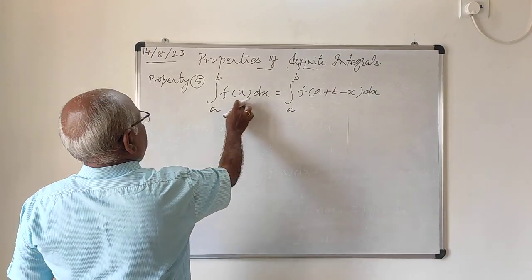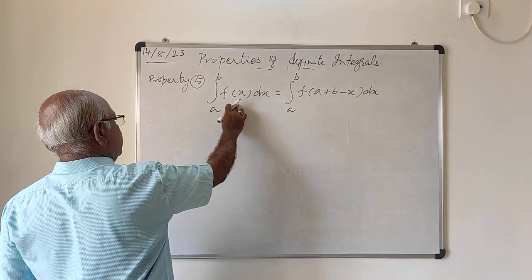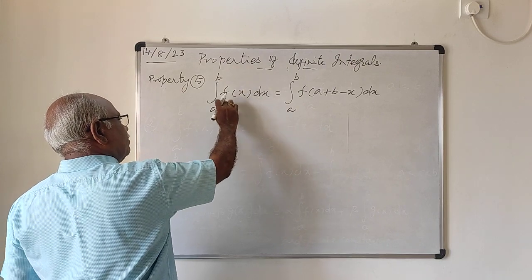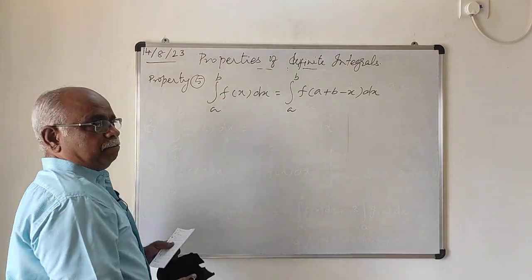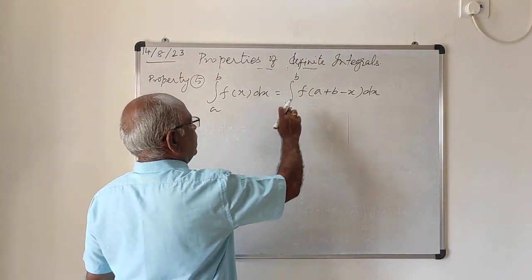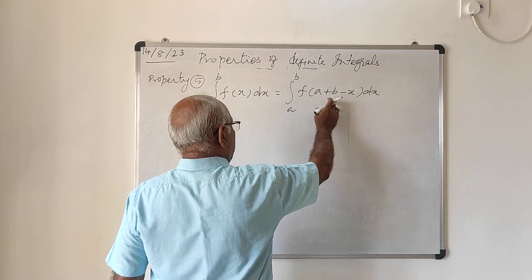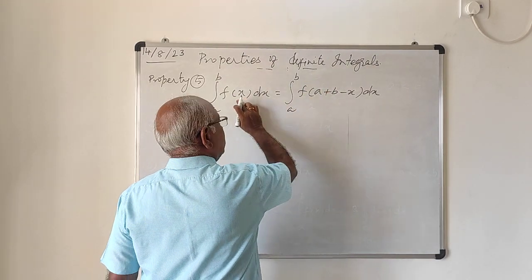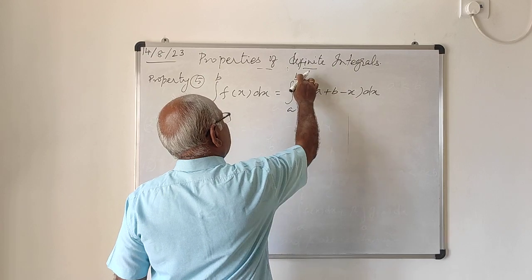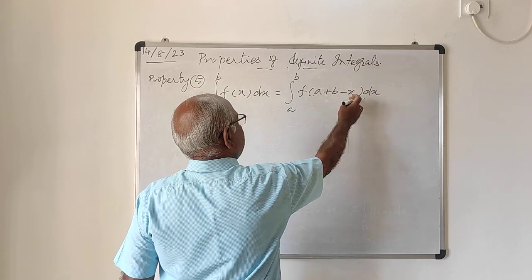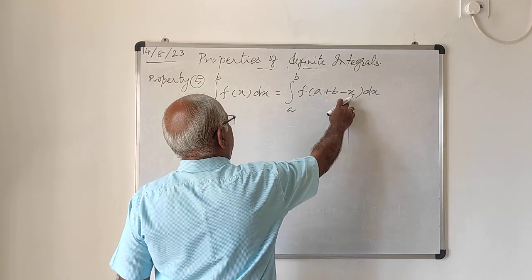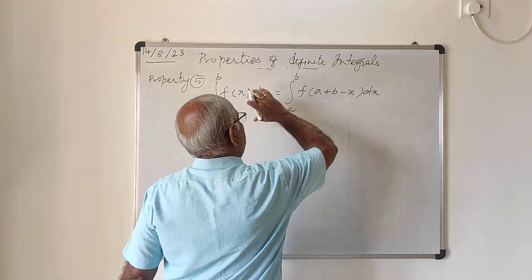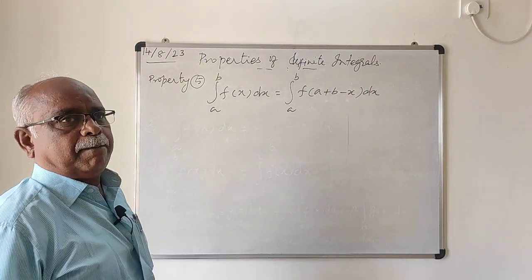See, integral a to b f of x dx is integrating a function between the limits a and b. We replace the variable x by the sum of the lower and upper limits a plus b minus the variable x, and we get the same answer for both integrations.